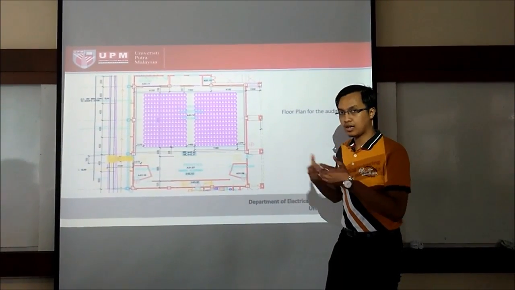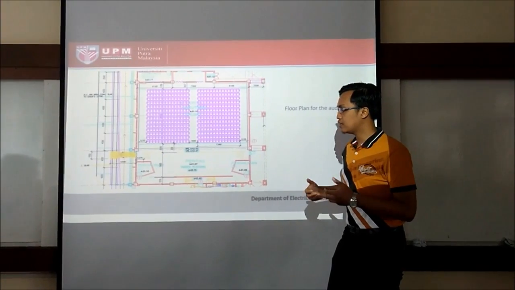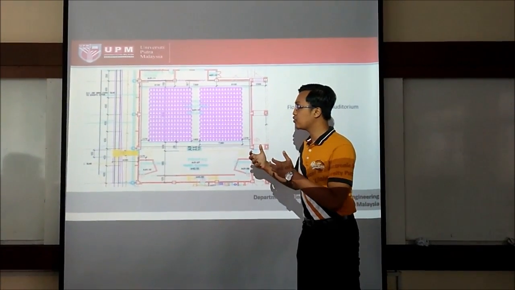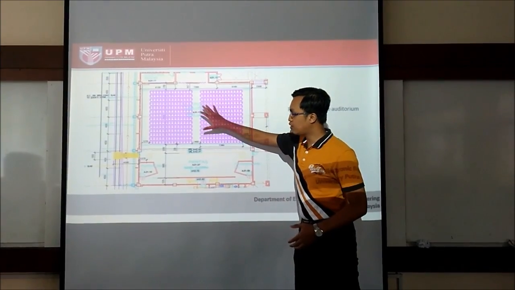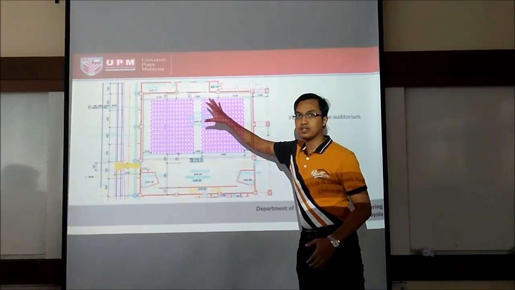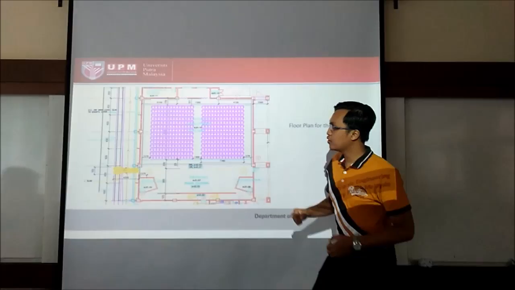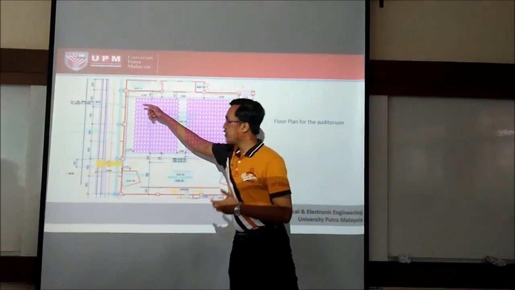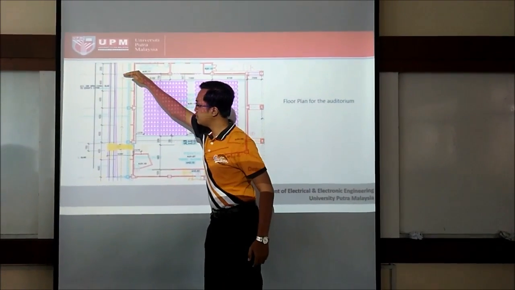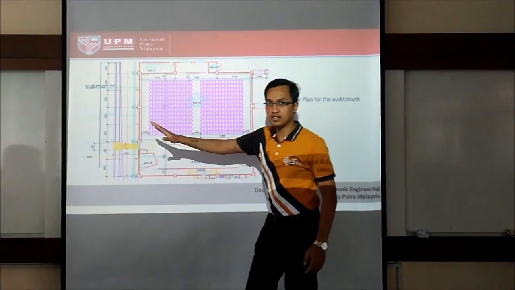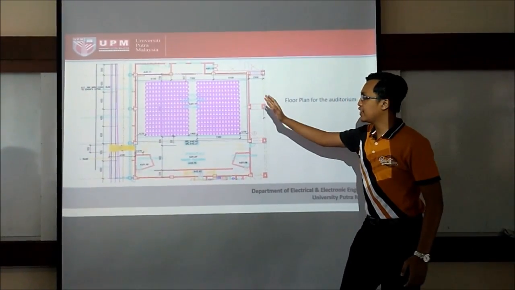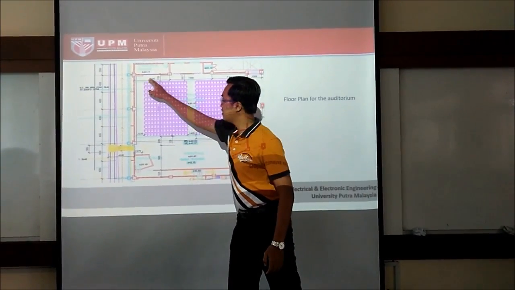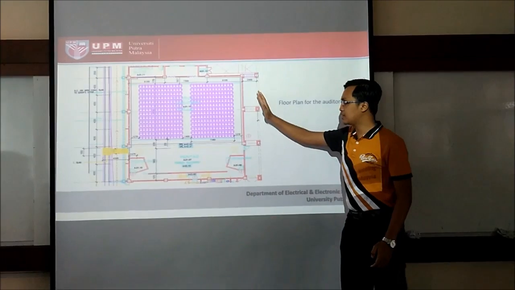However, in our study, we decide to consider only the audience place as our target area. So the total width that we consider is only from this side until this side, which is 16 meters, and the length, in total, is only 19.6 meters.